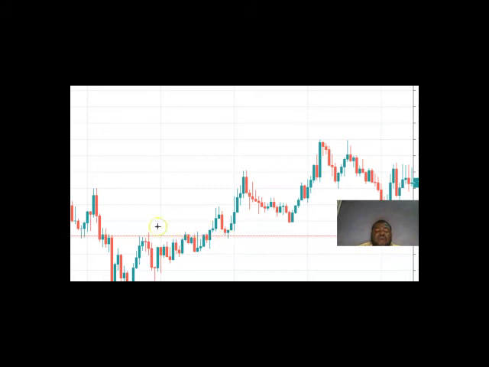So there you have it. We've looked at the engulfing candles. All of these are just the tweezers. We've looked out for tweezers, we've looked out for engulfing, we've looked out for the dojis.